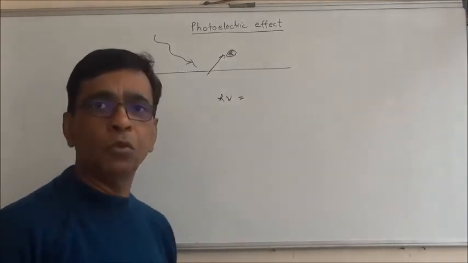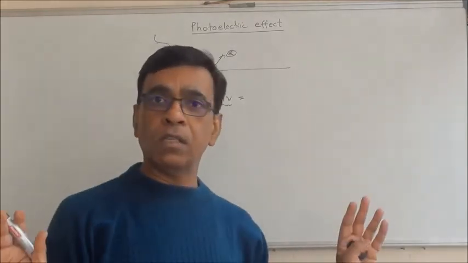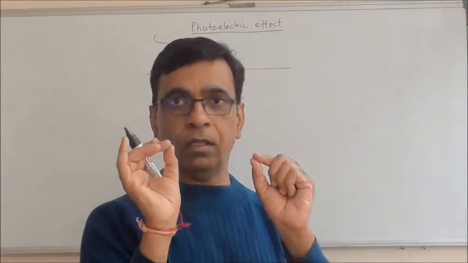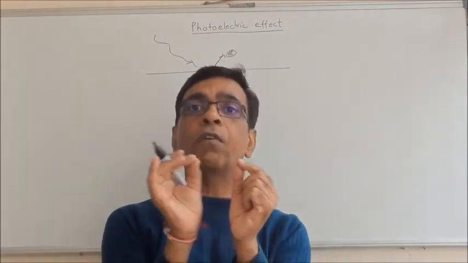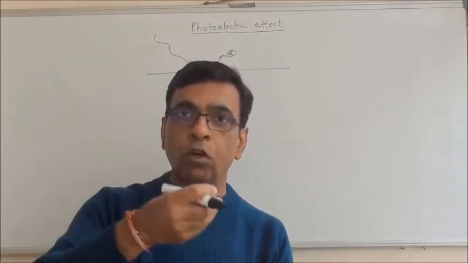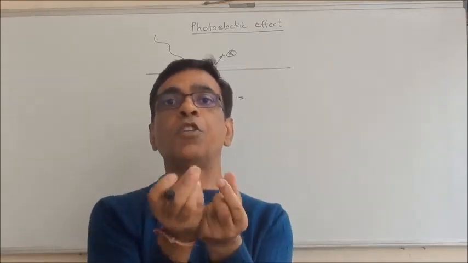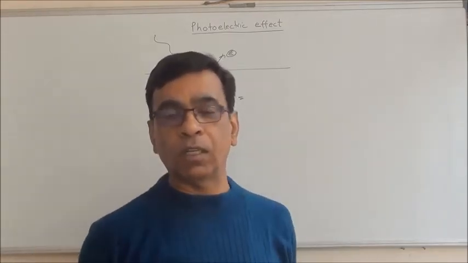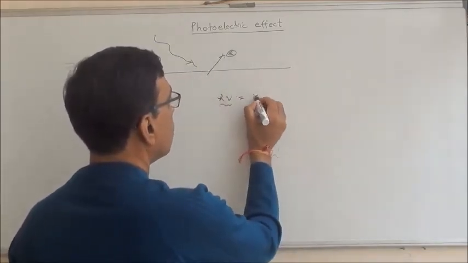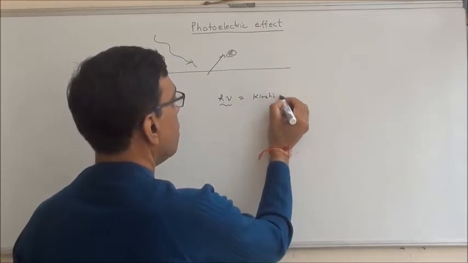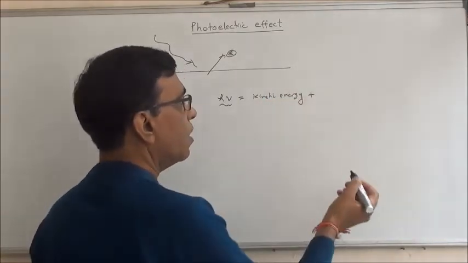So the electron uses this energy in two ways. h nu is the energy received. This is simply the conservation of energy. The photon has energy h nu and transfers all its energy to the electron. A sort of collision is there. The electron uses it in two ways: in coming out, kinetic energy plus the energy that is needed to come out.